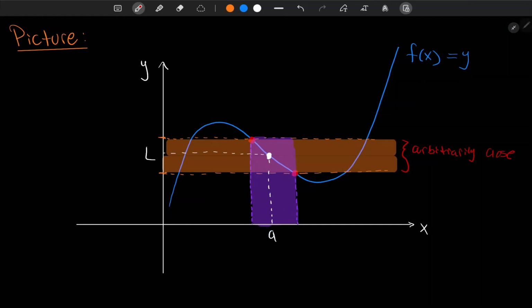So what we do is we take the first red dot here and we draw a purple line all the way down to here. So this is one x value. That's the lower bound for the x values. And the upper bound for the x values is given by the x value of this red dot. So it's right here. That's the upper bound for the x positions.